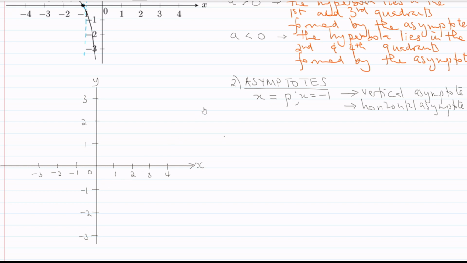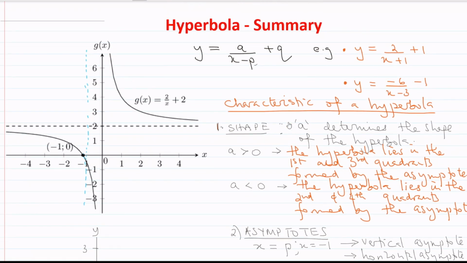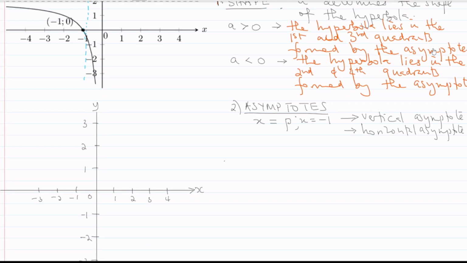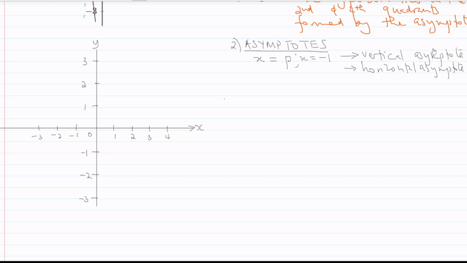So now, I am going to use this example that we have here: y is equal to 2 over x plus 1, plus 1. Okay, so let's take that example.